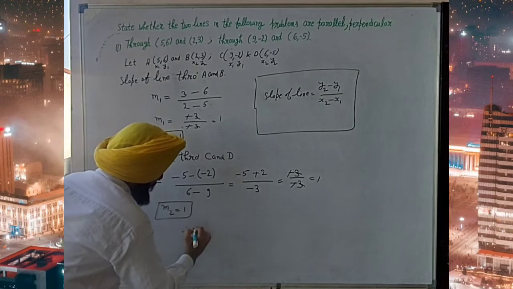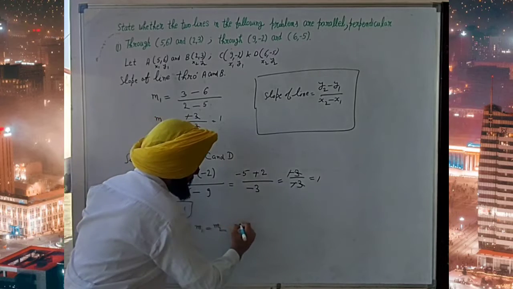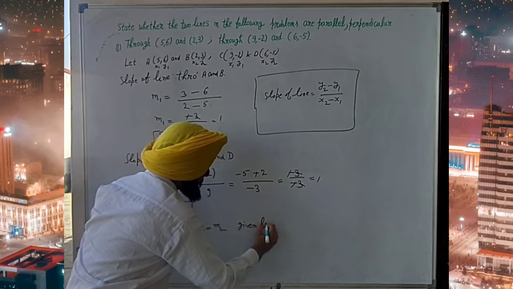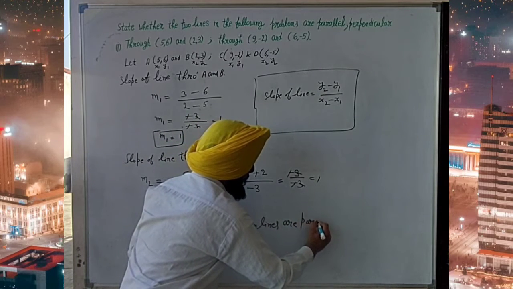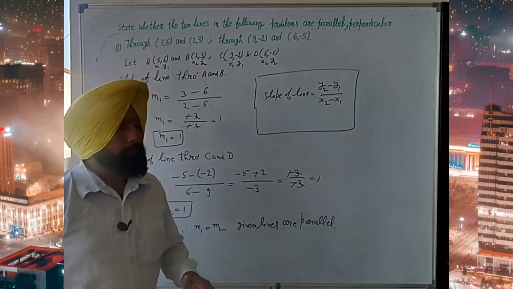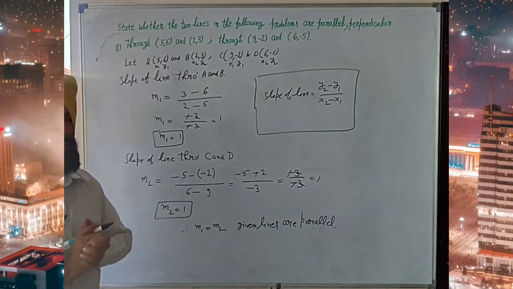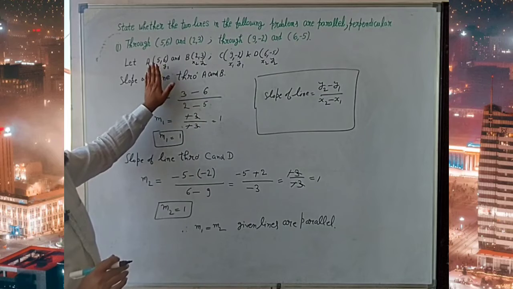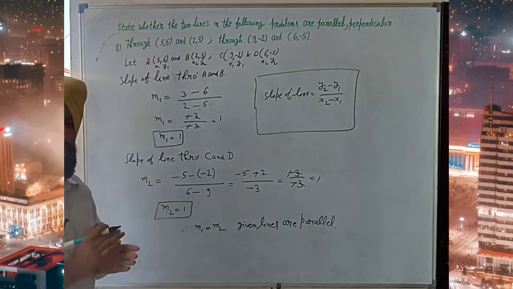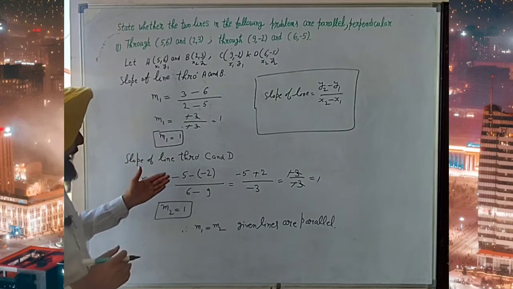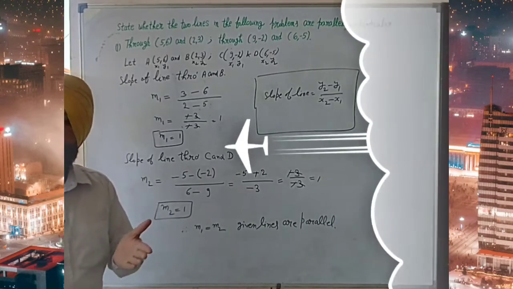Therefore M1 equal to M2, given lines are parallel, because their slopes results are same. The two lines given had points, we found their slopes, and we got the result that M1 and M2 slopes are equal. That means given lines are parallel.